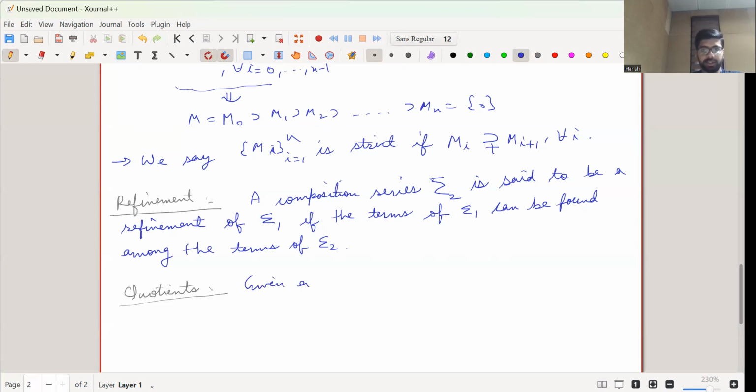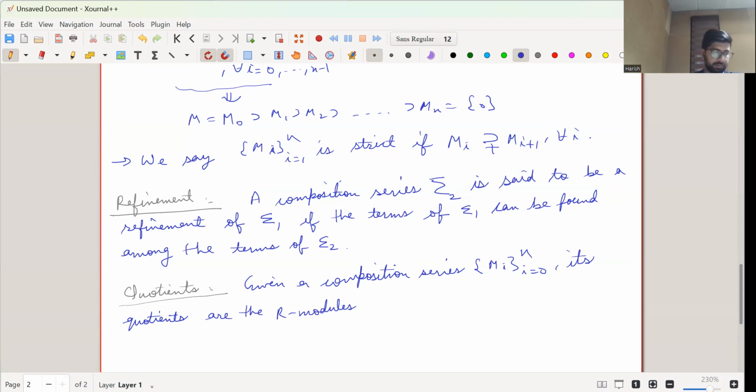So given a composition series m_i, i equal to 0 to n, its quotients are R modules q_i equal to m_i modulo m_{i+1}, for i equal to 0 to n minus 1.